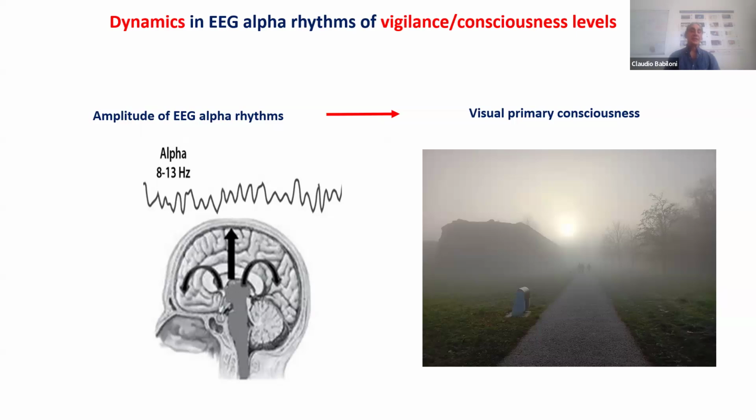So we see that the alpha rhythms reflect the idling relaxation level of the visual cortical systems. And we wanted to test also this hypothesis.